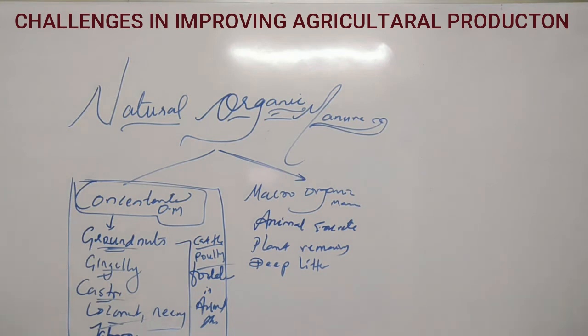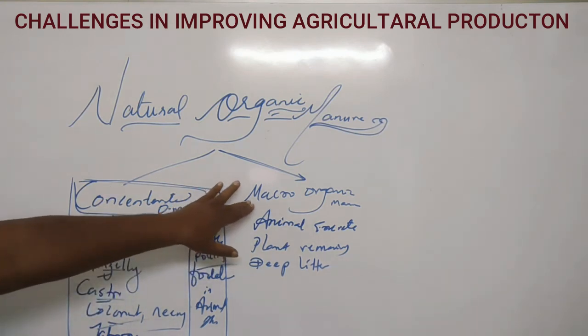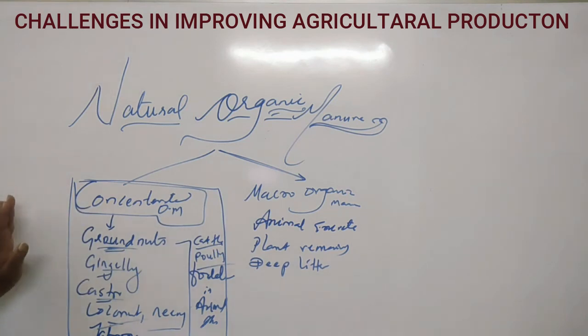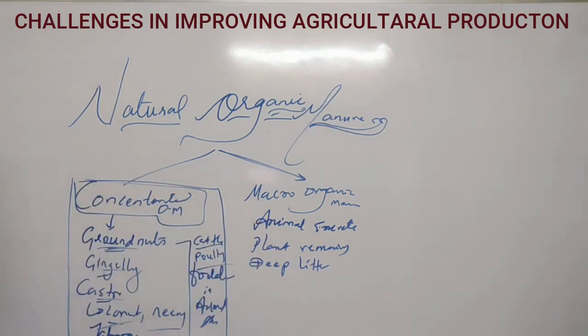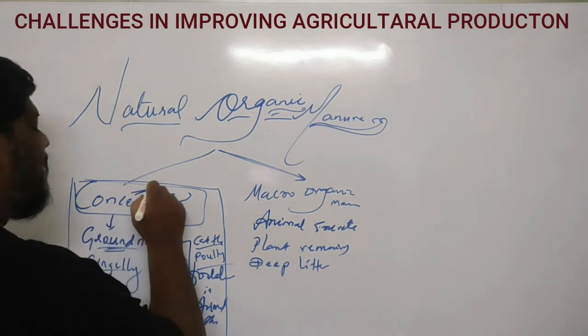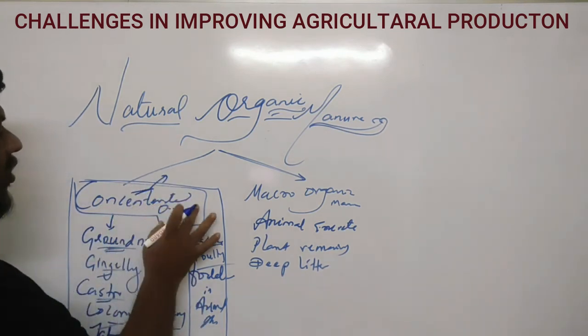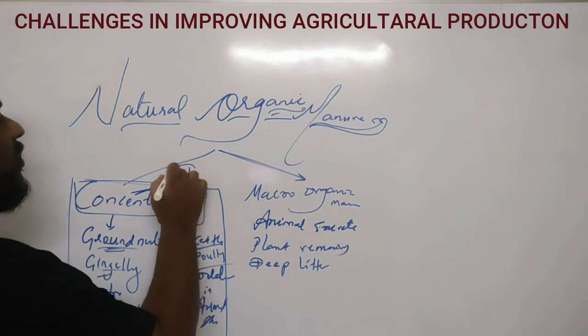So these are the three which are very important. The nutrients are absolutely rich in the concentrated organic manures rather than the macro organic manure. So here they are more concentrated, more rich, when you compare with the macro organic manure.